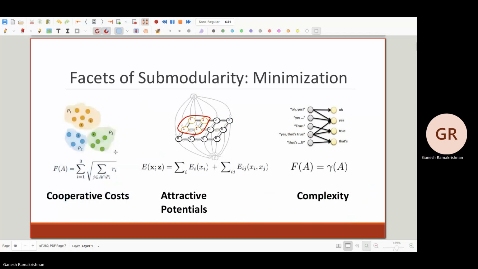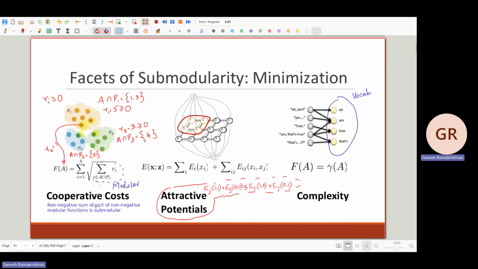So what's the example of cooperative cost? What are we looking at? These are partitions. And I want to ensure that I pick a set A such that it has good overlap, or is doing well with respect to each of the partitions.